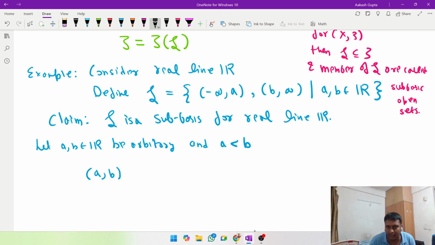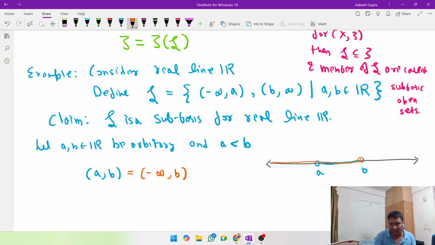If you want, I can plot here. So this is say your a, b. So this is (a, b), the open interval. Now what I want is to consider this set from here to open here. So what is this? Minus infinity comma b. And consider something else.